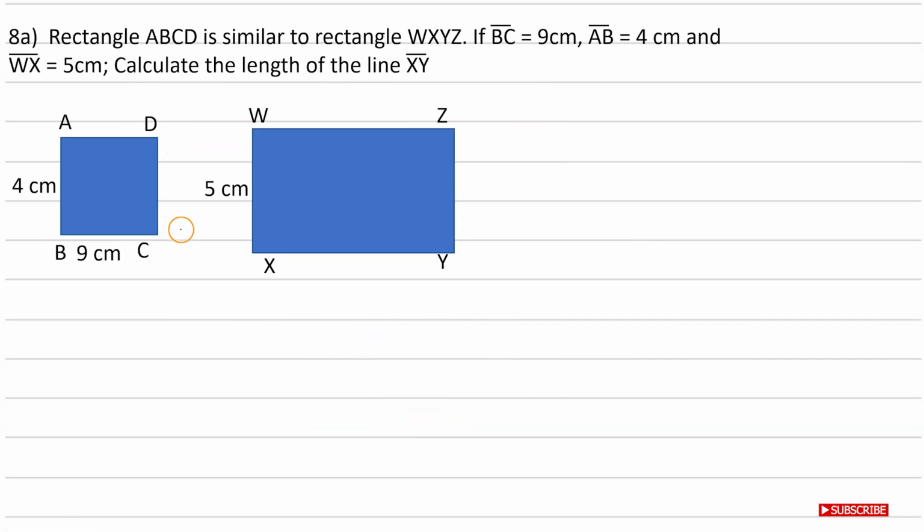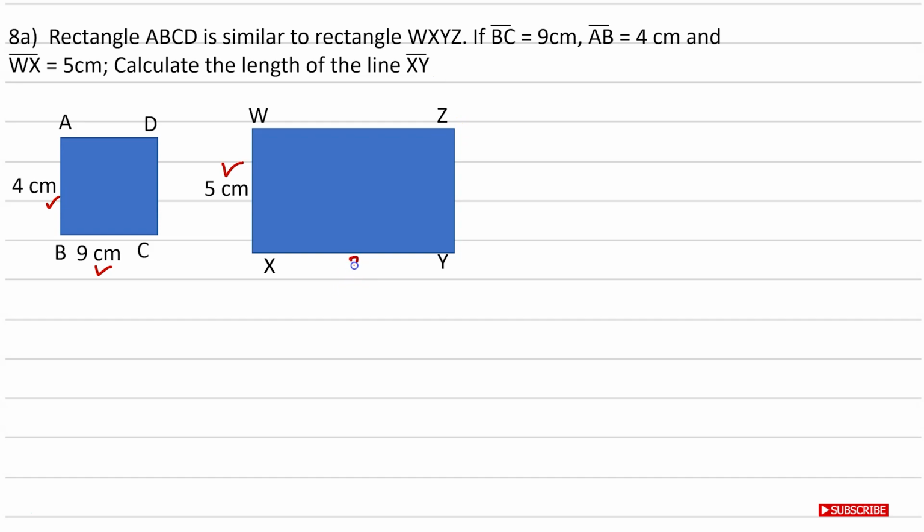So now for 8A, we are given a rectangle ABCD, which is similar to rectangle WXYZ, which is this one here. If BC is equal to 9, that one there, AB is equal to 4, this side there, and WX is equal to 5 centimeters, calculate the length of the line XY.